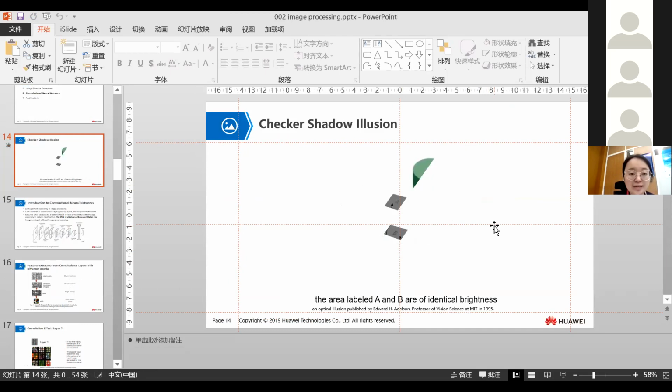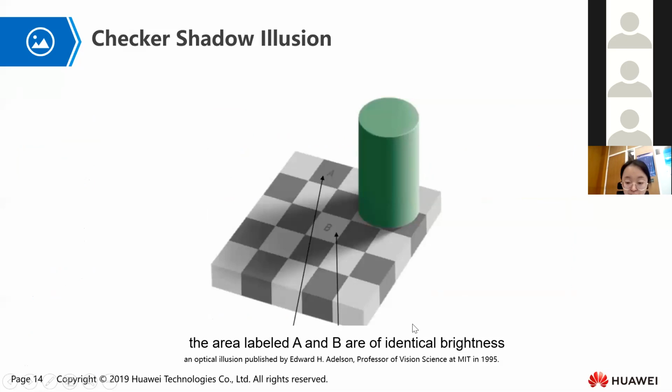Here, I will use an example to explain why convolutional calculation can extract features from the image.